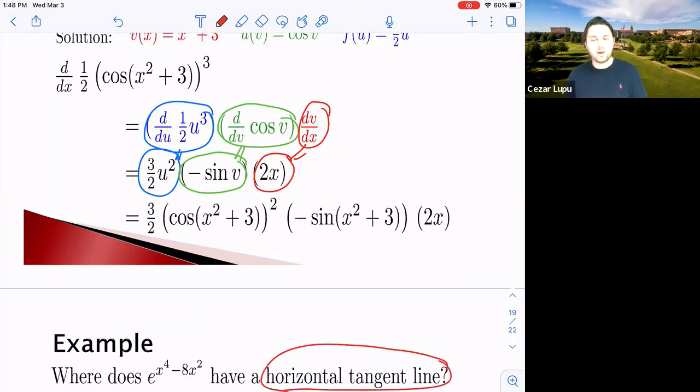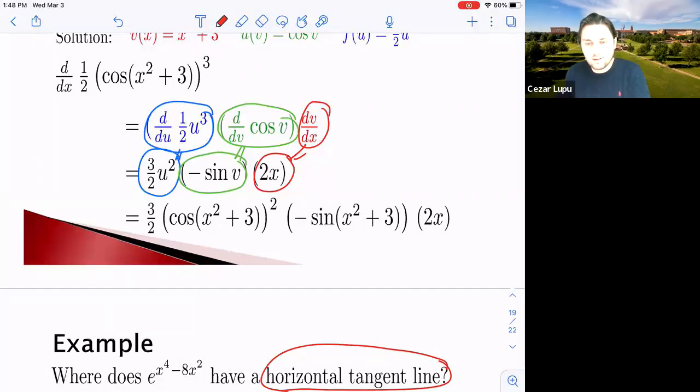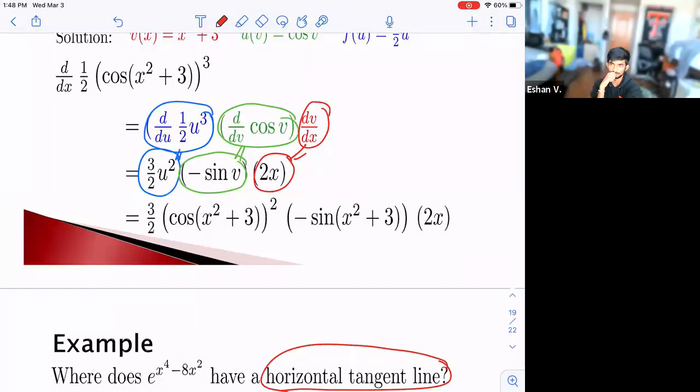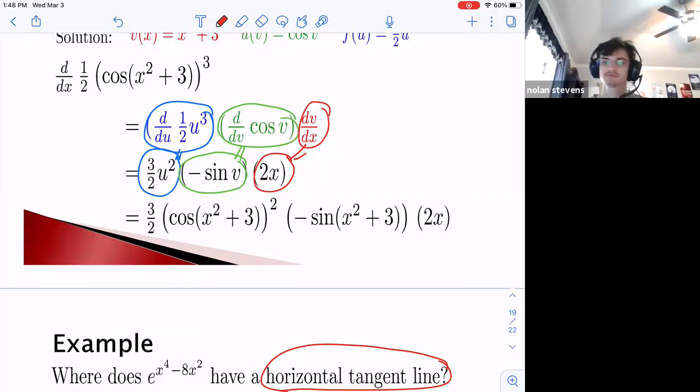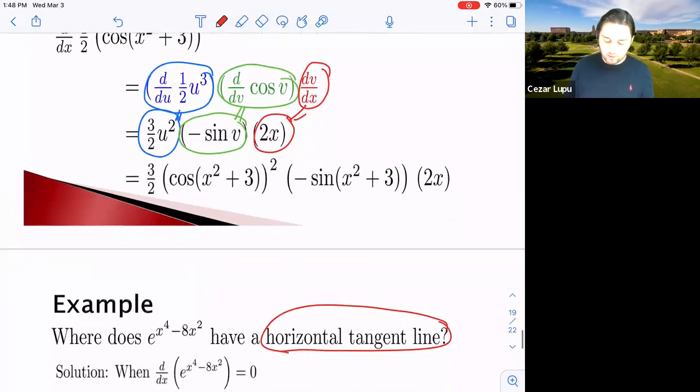What does it mean for a function to have a horizontal tangent line? The slope at that point is 0. Which means? It's like a change in direction. Oh, okay, be more specific. The entire thing would be equal to 0. The derivative will be 0, exactly. So horizontal tangent line means that the derivative with respect to x is 0.